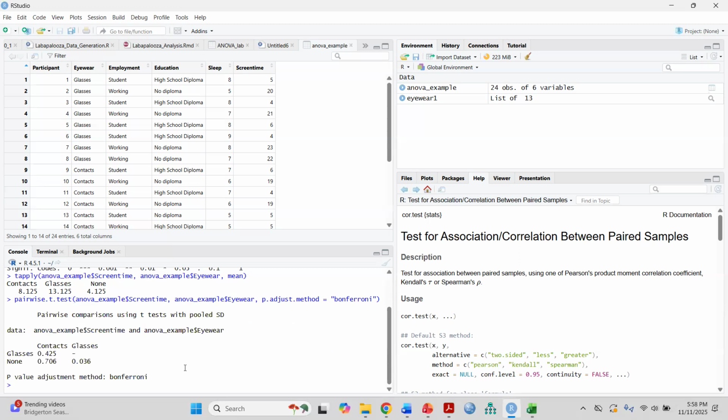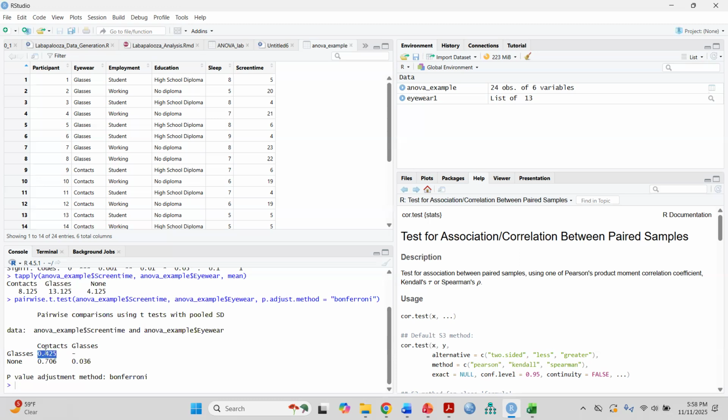Okay, so cool. In this output, it's given us three different pairwise t-tests, independent samples t-tests, basically. And these values in this little table that it gives us, these are p-values. So let's take a look. It's asking the question, do people who wear glasses and people who wear contacts have a significantly different amount of screen time on average?